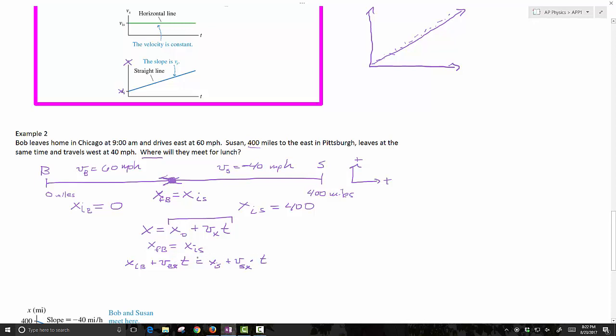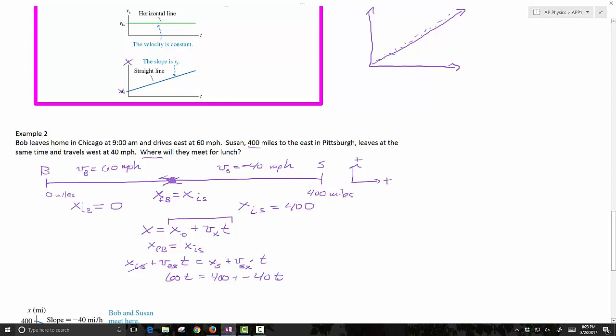Time is going to be the same for both of them. They're going to be driving the same amount of time because they'll meet. So now we can just solve for t. So his initial position is 0, so that goes away. His velocity is 60, so we get 60t is equal to, her initial position is 400 plus her velocity, which is negative 40t.